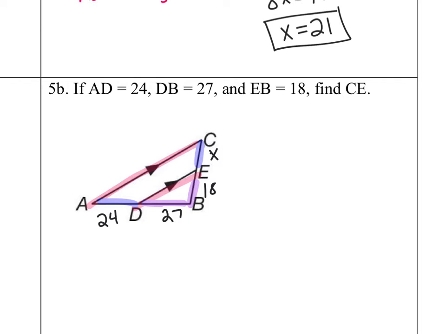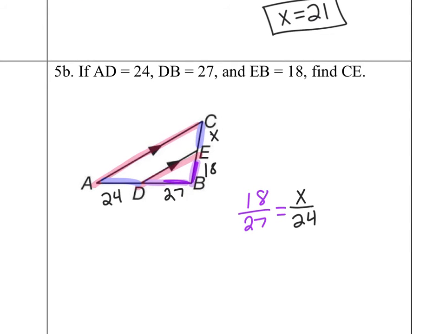We have 18 over 27, so these corresponding sides are going to equal X over 24.